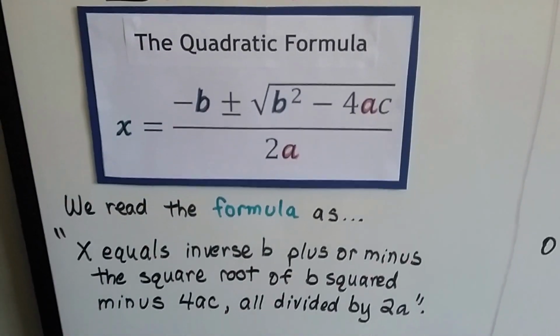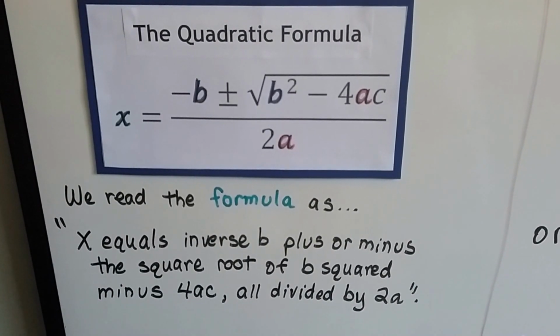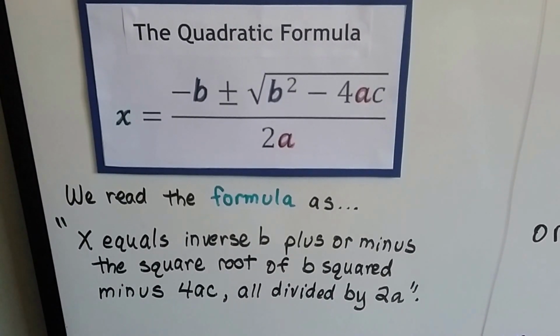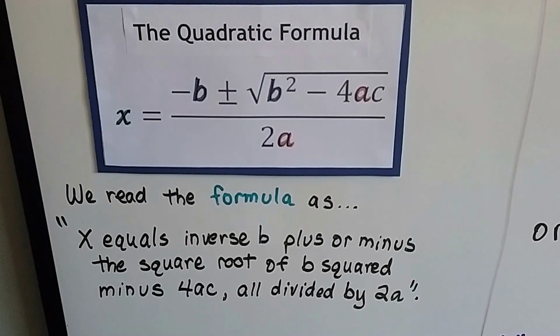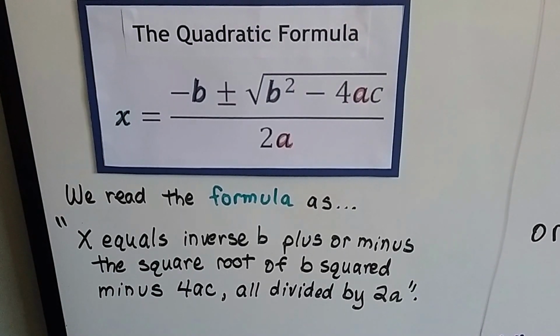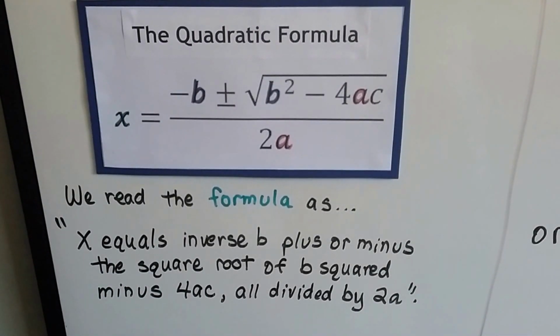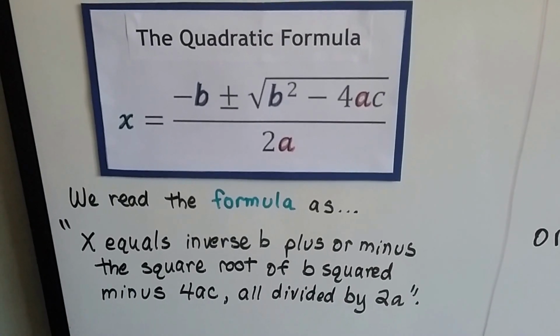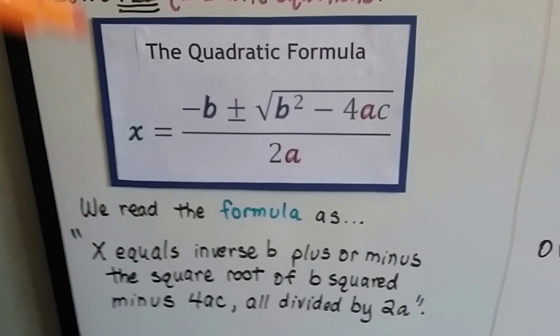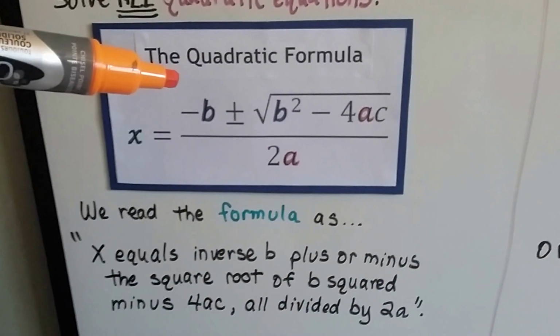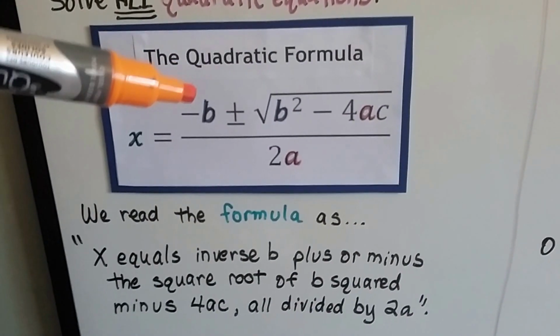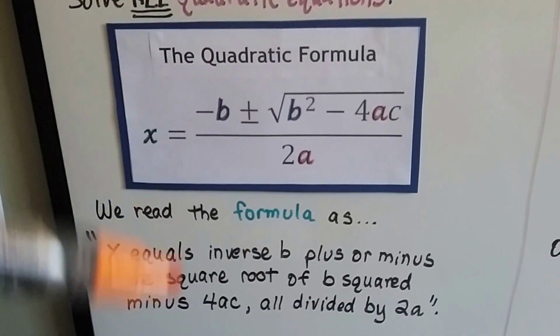We read this formula as x equals the inverse of b, plus or minus the square root of b squared minus 4ac, all divided by 2a. All we have to do is take our quadratic equation with our a, b, and c constants and substitute it into this formula.